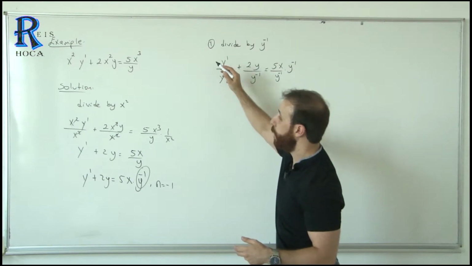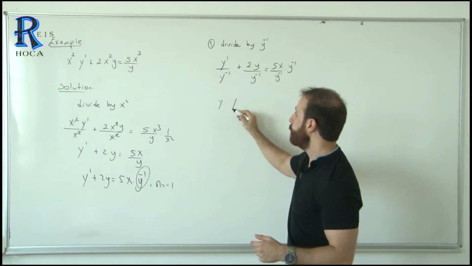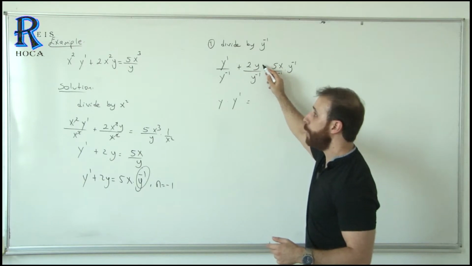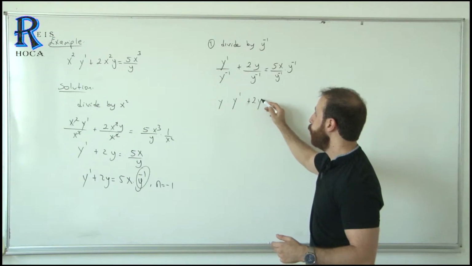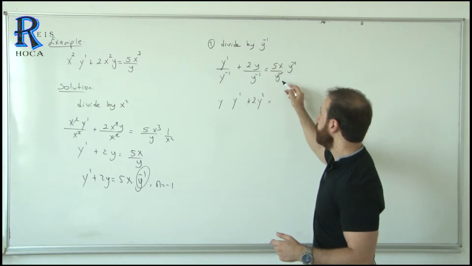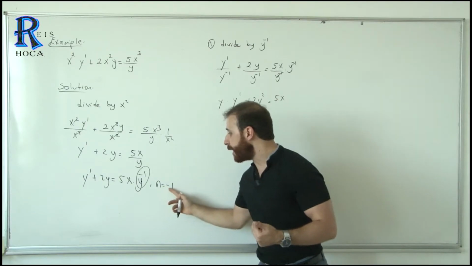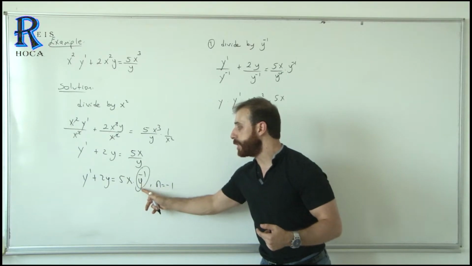So here, if we send y to the power of minus 1 to the numerator, this is y times y prime, plus 2y squared, and here 5x. If you can see directly that n equals minus 1, it's not necessary to put these things in the numerator.